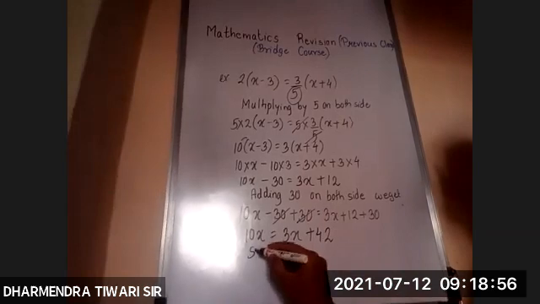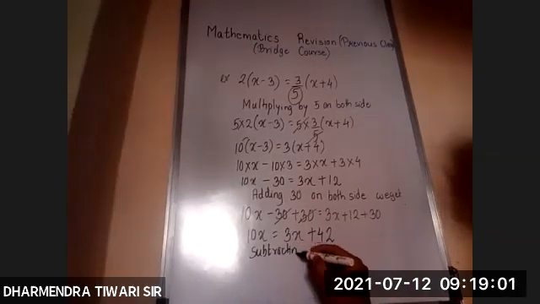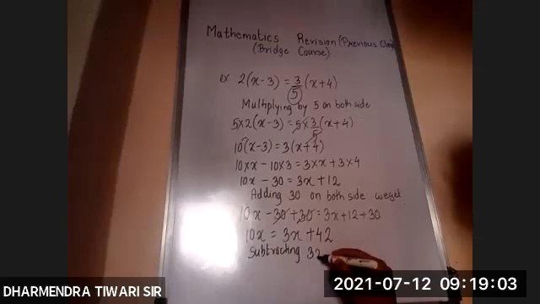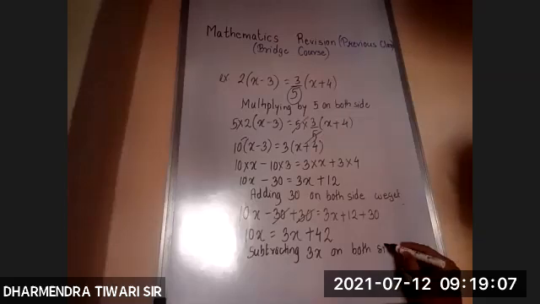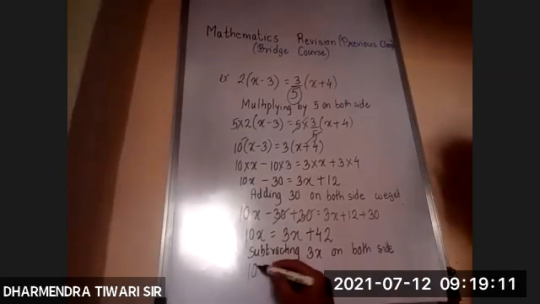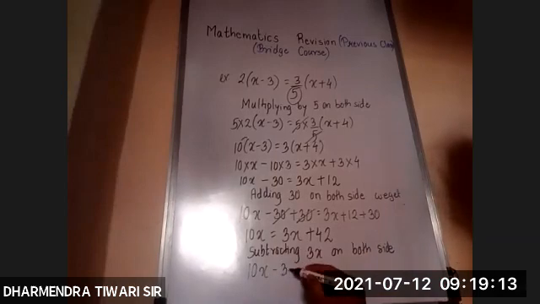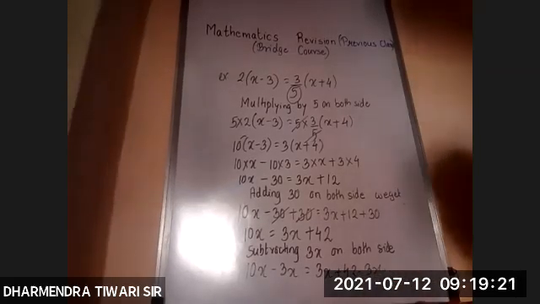Subtracting 3x on both sides, what we'll get? 10x minus 3x is equal to 3x plus 42 minus 3x. I'll write on top.